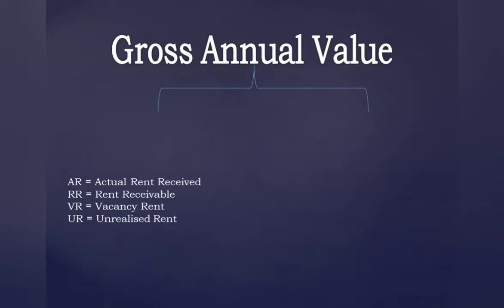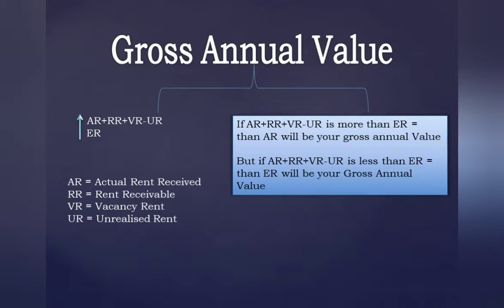Let us discuss the GAV in detail. GAV will be actual rent plus rent receivable plus vacant rent minus unrealized rent, and this will be compared with the expected rent. Whichever is higher will be your gross annual value. AR is denoted as actual rent received, RR is rent receivable, VR is vacant rent, UR is unrealized rent.